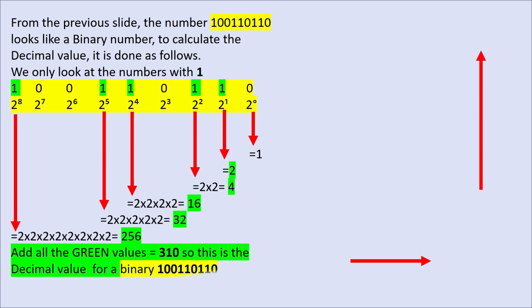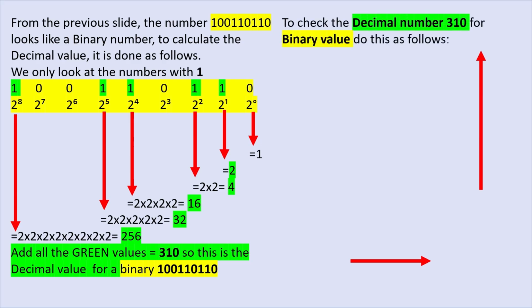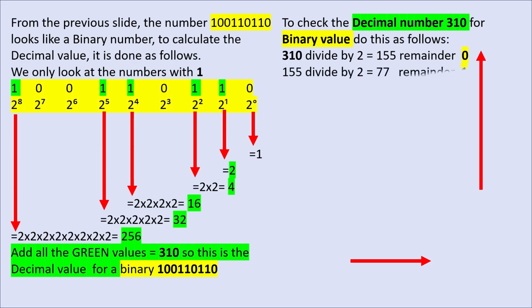The green numbers are the values. If you add all those green values, you'll get 310. So this is the decimal value for the binary number 100110110. To check the decimal number 310 for its binary value, you can do this as follows. Take the 310 and divide it by 2 equals 155, remainder 0.